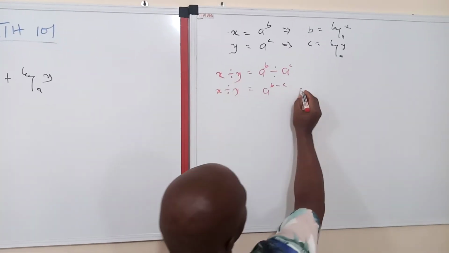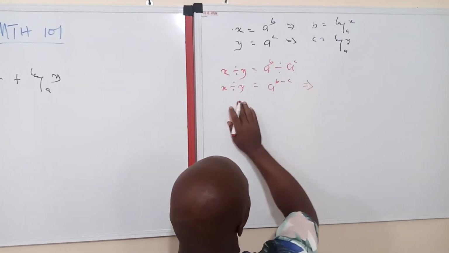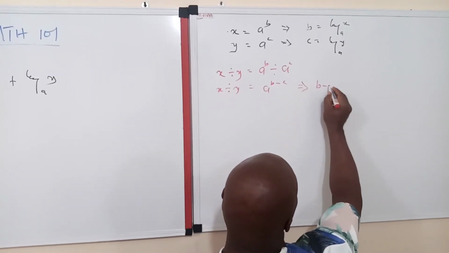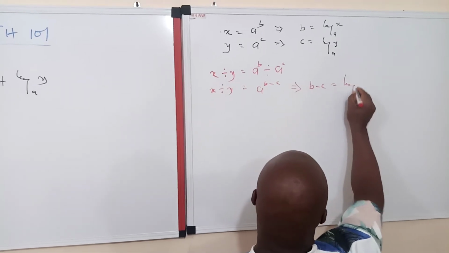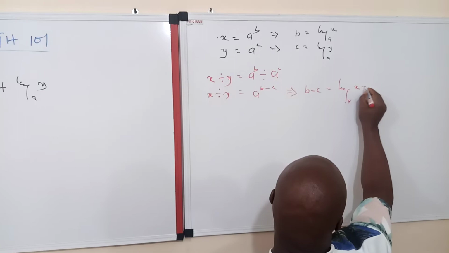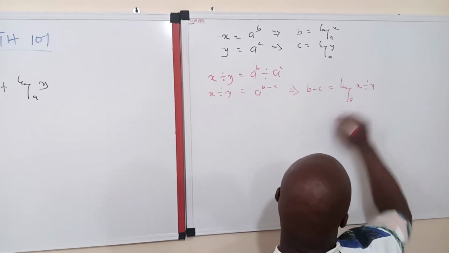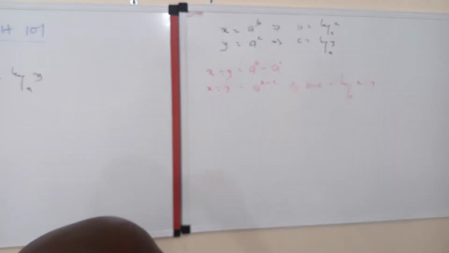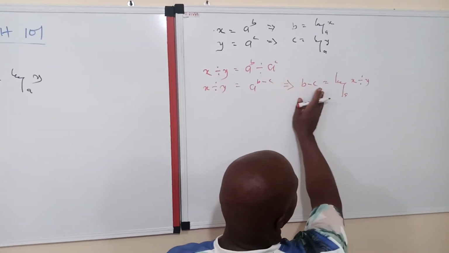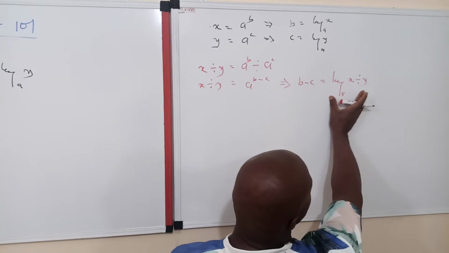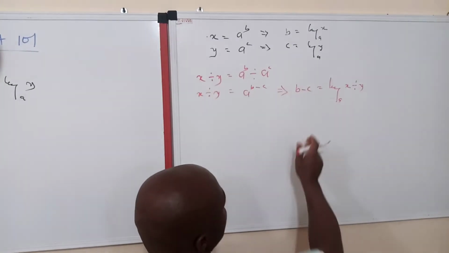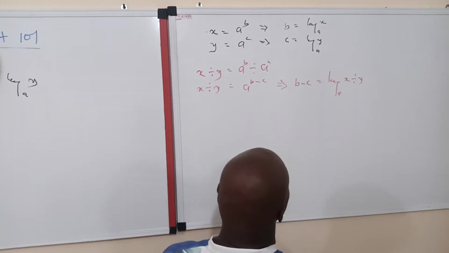This simply implies that this power, which is b minus c, is the logarithm in base a of this number, x divided by y. But you can see that this side is in terms of b and c, whereas the other side is in terms of logarithm. So let's see if we can write everything in terms of log, also on the left hand side.